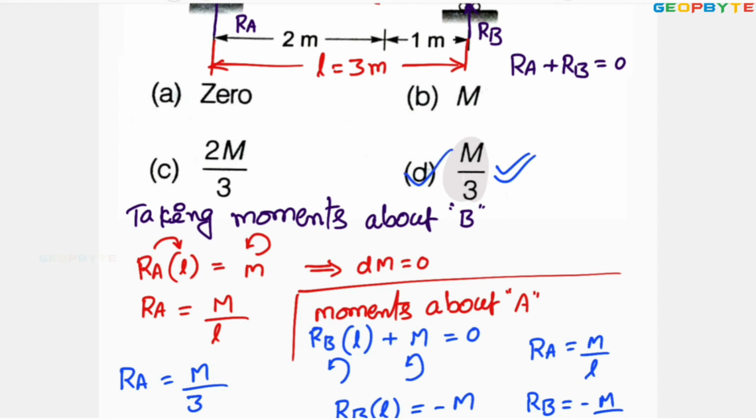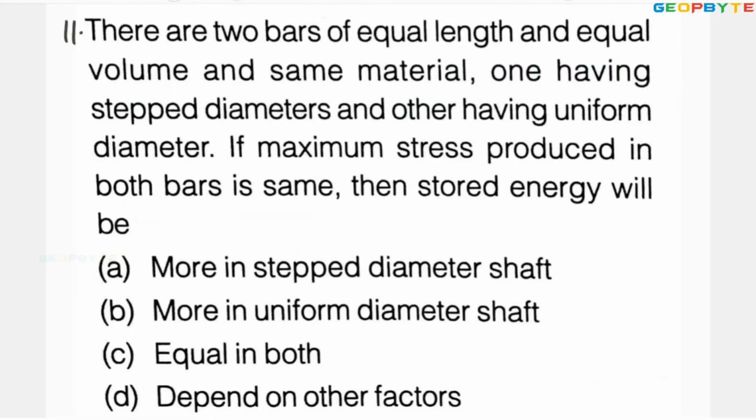Let us take one more problem. Look at the 11th problem. There are two bars of equal length. Equal length means L1 equal to L2. And equal volumes.